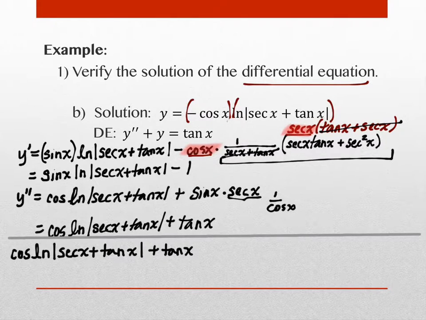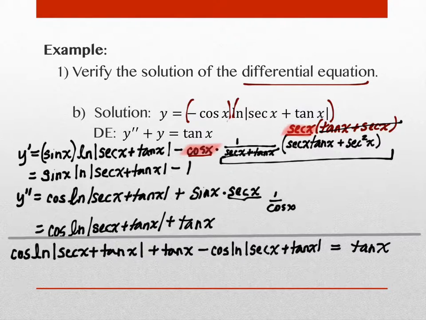And it says I'm supposed to add that to the original first thing that I was given, right? Which was actually a negative cosine of the natural log of secant of x plus tangent of x. So far so good. And we're supposed to be checking that this is equal to tangent of x.